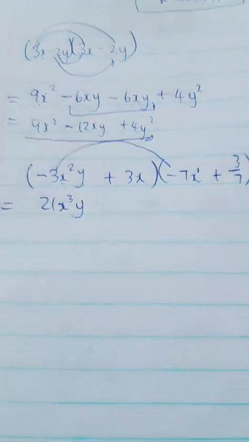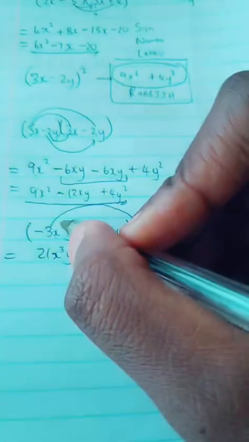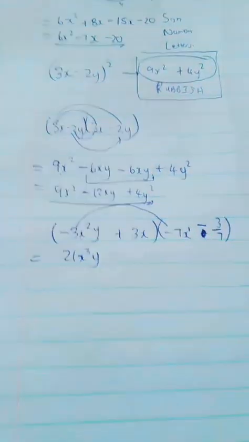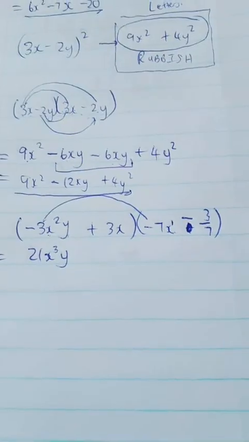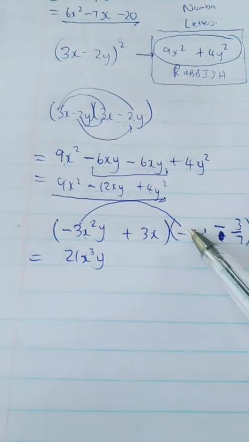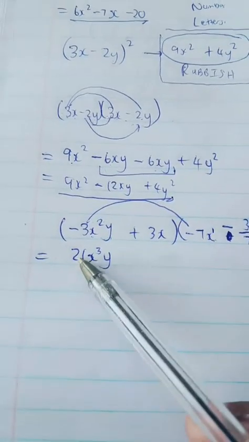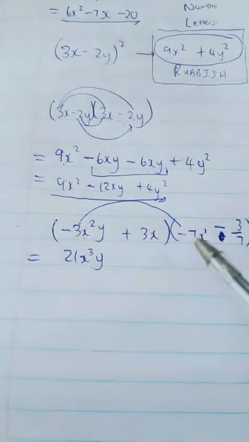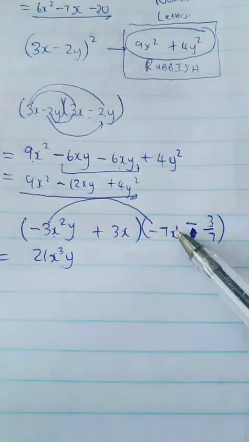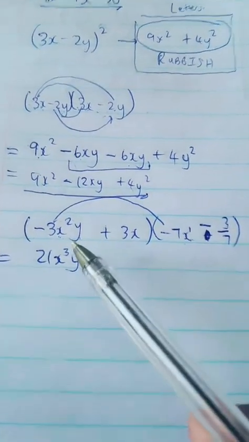Okay, let's just change this plus to negative so that we can accomplish a purpose here. Like I said, guys, negative times a negative, we start with the signs, we multiply, we get a positive. 3 times 7, we get a 21. X squared times x, remember, bases are the same.